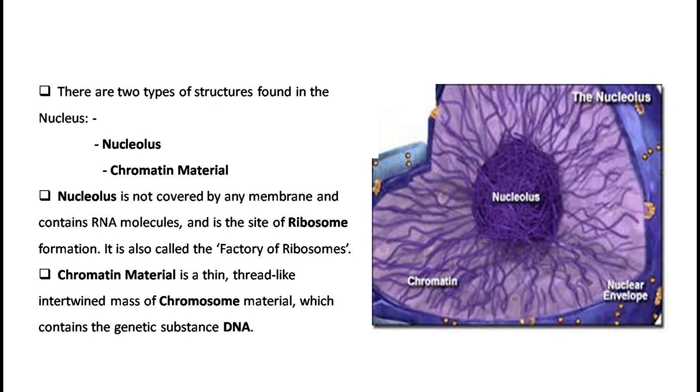It is also called the factory of ribosomes, whereas the chromatin material is a thin, thread-like, intertwined mass of chromosome material, which contains the genetic substance DNA. It is interesting to note that ribosomes are vital cell components or organelles that synthesize protein in a cell and are also found inside the nuclear envelope.